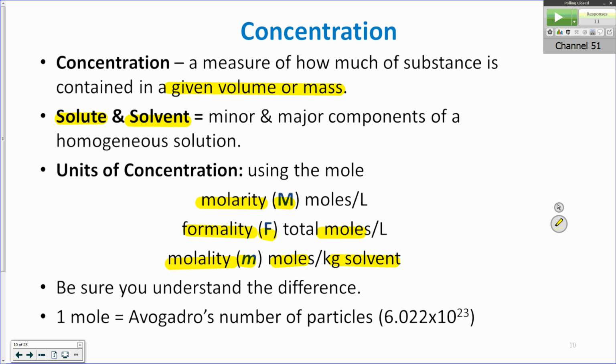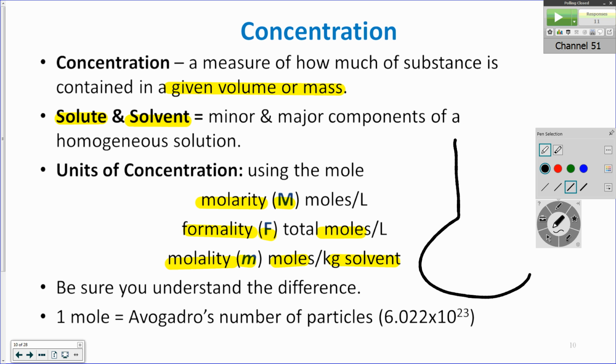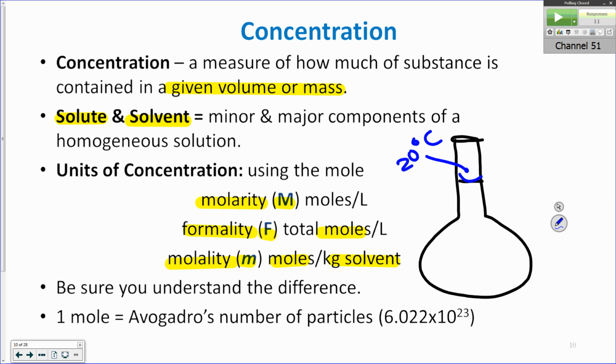To give you an example, when we make a solution up in the lab, and we put it into something like a 1 liter volumetric flask, you fill it to the mark, it has 1 liter volume at room temperature. If it's here at let's say 20 degrees, room temperature, if I take that 1 liter and I put it in the refrigerator and allow it to cool off, what will happen is that volume will decrease a couple of percent.